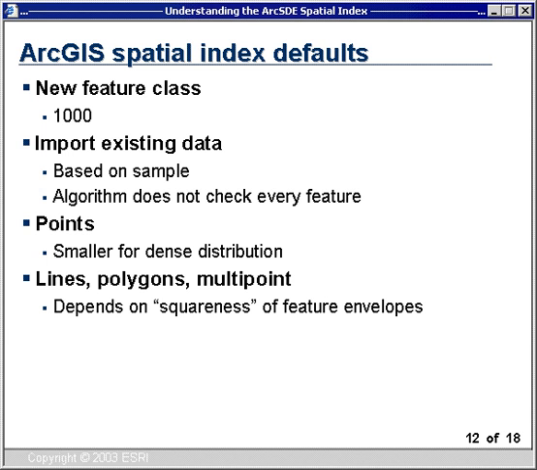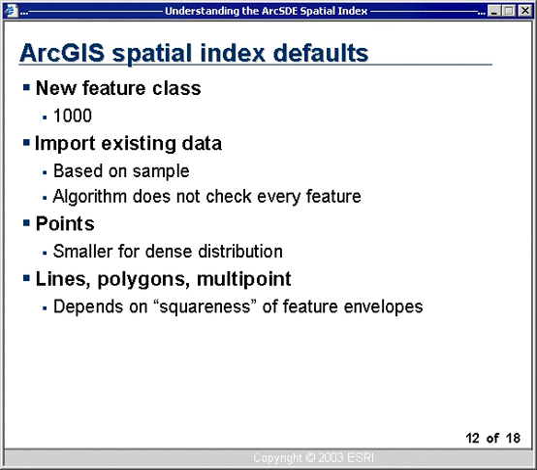And because it's a default, defaults aren't always going to work for your data. In fact, there have been occasions where the default that it picked wouldn't allow you to load some of your larger features. So what we're going to try and do next is present you with ways that you can look at your own data and your needs for that data, whether or not that data is going to be changing in the future as well, as a way to start figuring out how you want to calculate your spatial index values.